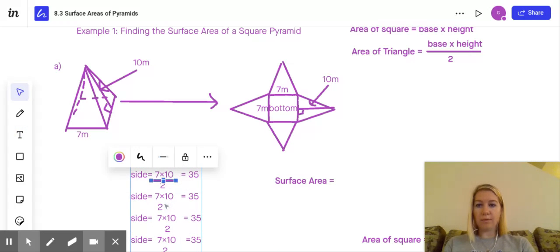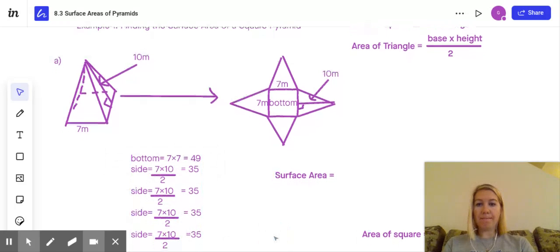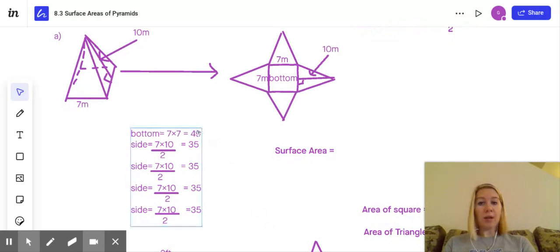Add in my fraction bar here. Okay. Cool. So now we found each individual area of each of these sides.